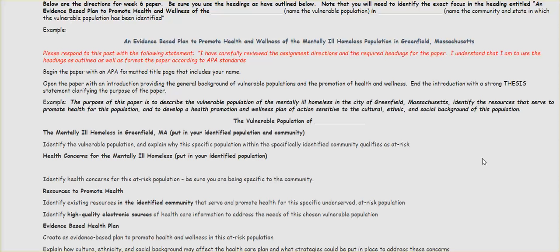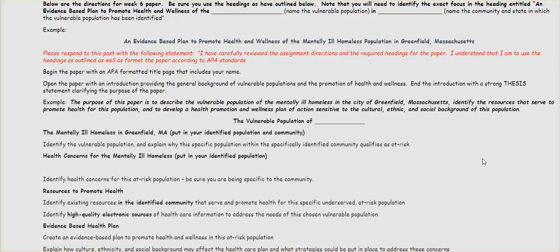You might be able to do that if your population were a group of individuals you felt could access the internet. Maybe you're looking at high-risk teens who are at high risk of pregnancy. They could access it and would probably be computer savvy, so you might be able to provide electronic sources for them. So use your clinical and astute judgment about whether or not your population would be accessing these sources.